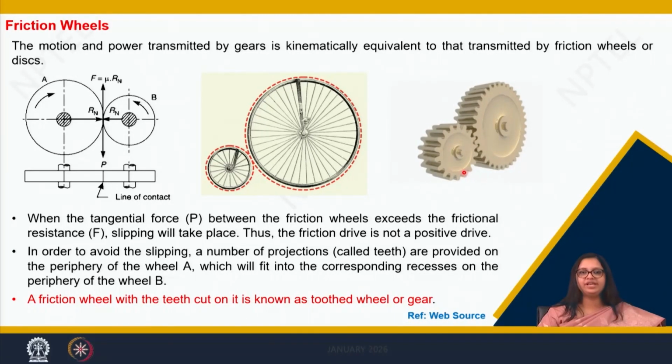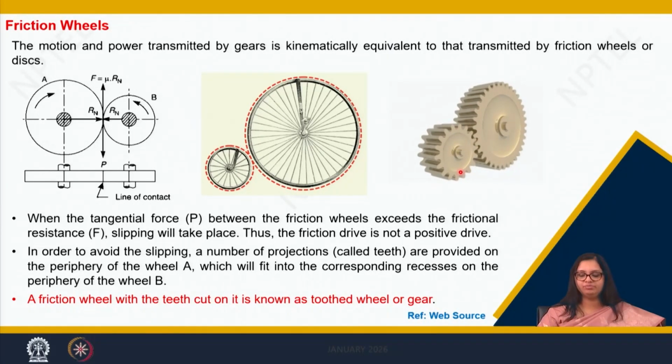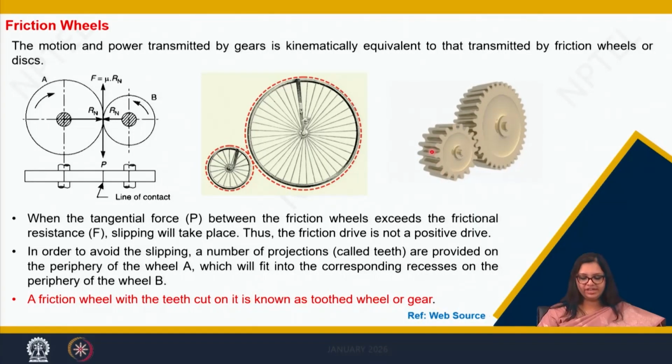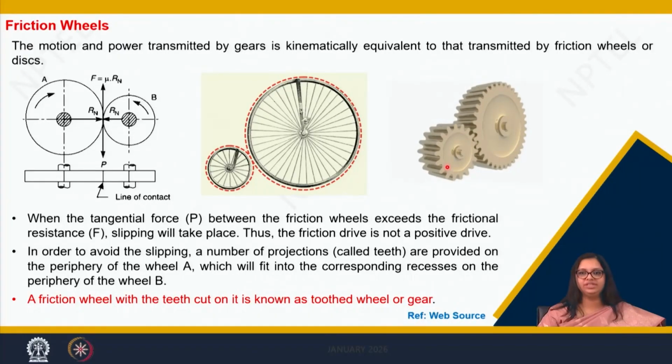There will not be any slippage between the two wheels, and even over time there will not be any loss of friction, as we can see in the case of friction wheels without teeth. This kind of friction wheel, which has teeth cut on the periphery, we call toothed wheels or toothed gears.